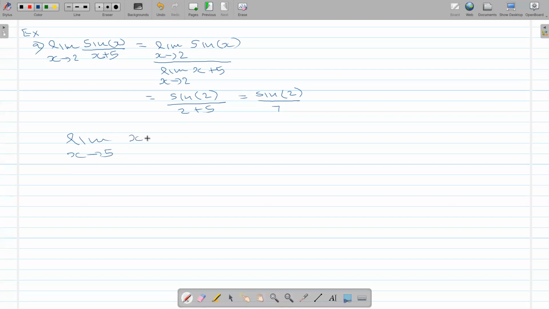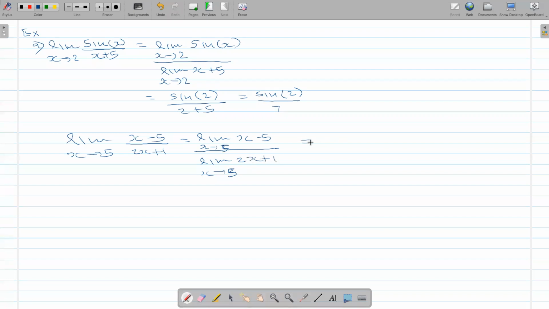x minus 5 over 2x plus 1. I can apply the quotient rule, plugging in 5.